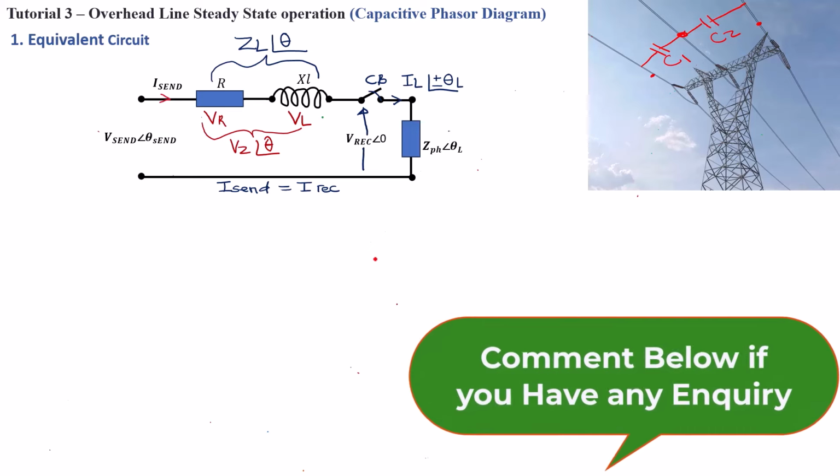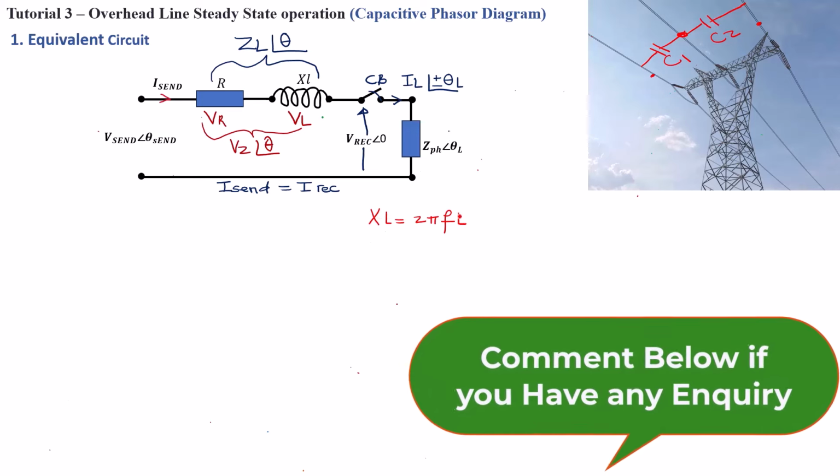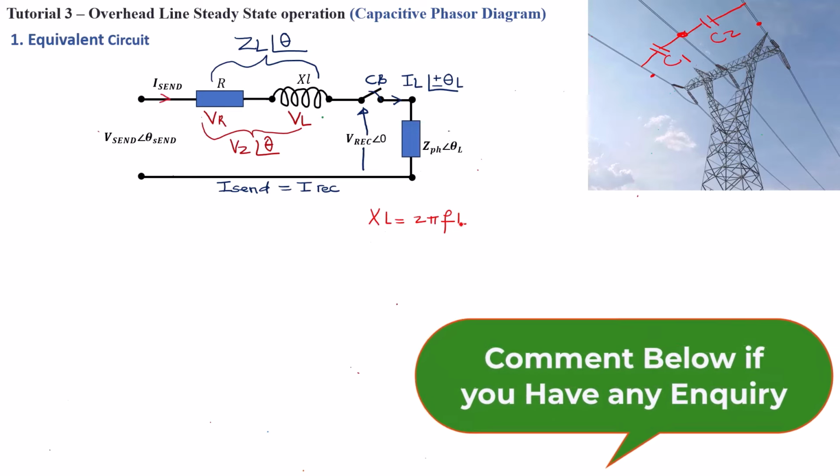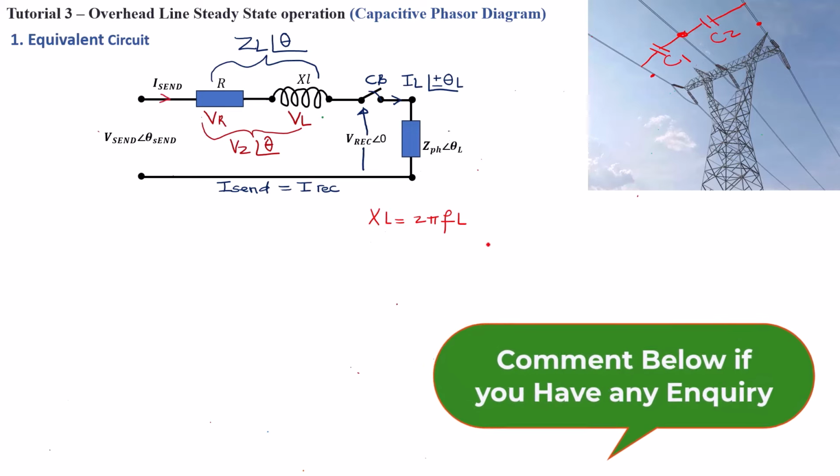So in the case of XL, we know that XL is equal to 2 pi FL, where the inductive reactance depends on the value of the frequency and the inductance. Now, if the inductance has a fixed value, then at high frequency the impedance is going to be high, and at low frequency it is going to be low.